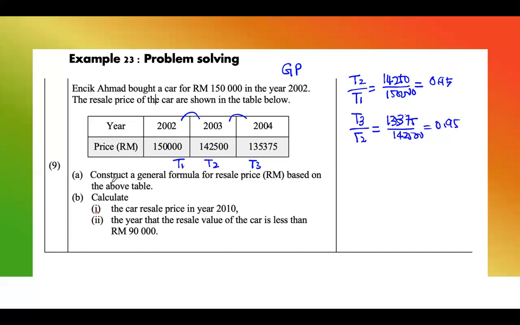All right, so what is the general formula for resale price based on the above table? So the first year is, we consider 2003 is the first year, right? So the general formula is resale price is 150,000 times 0.95 to the power of t, right?